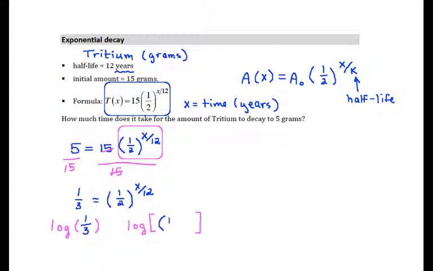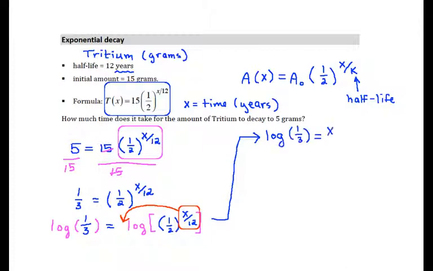We've got 1/2 to the power x over 12 equals, and again we're using this property of logs to bring down the power and write it as a scalar multiple in front of the log. So this becomes log of 1/3 equals x over 12 times log of 1/2.